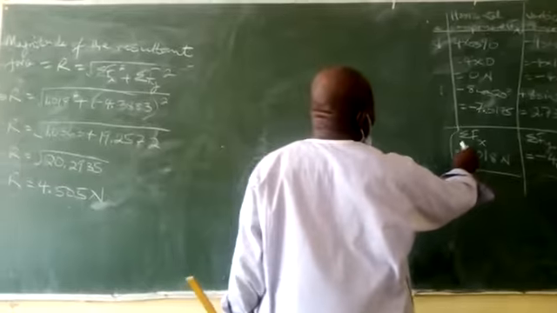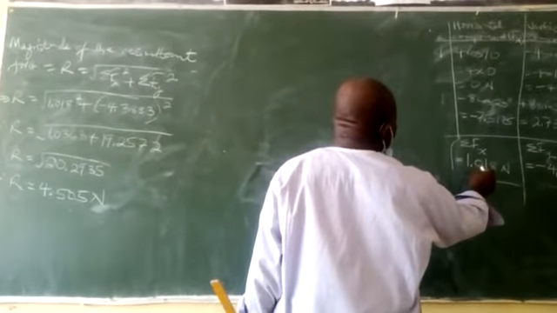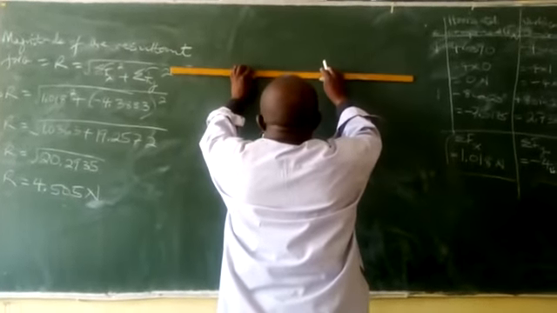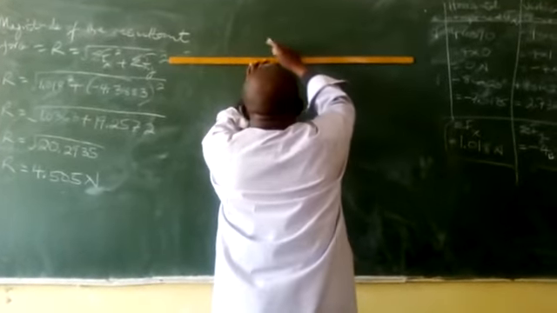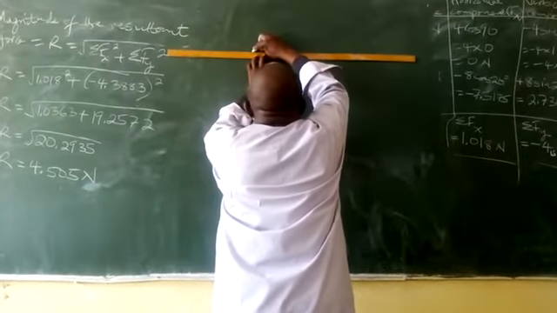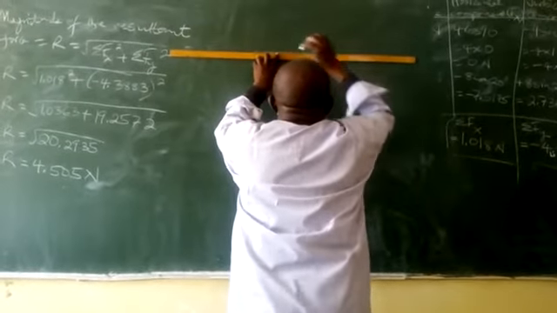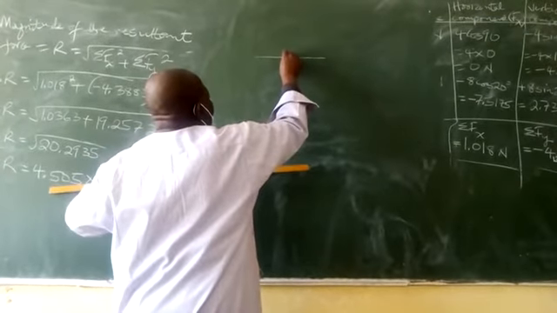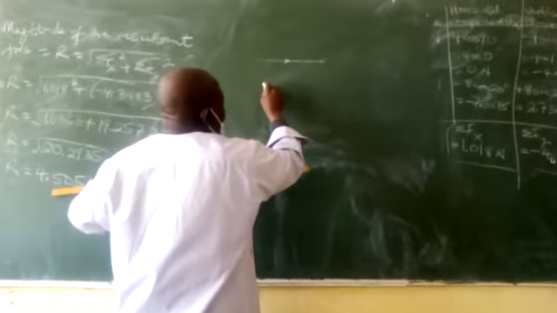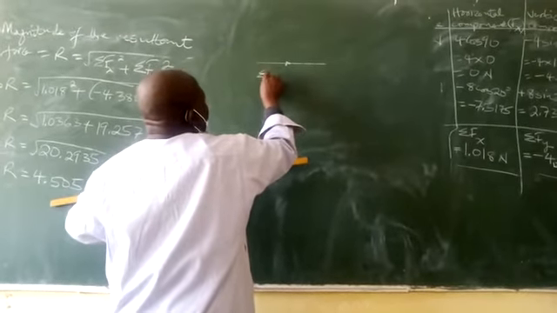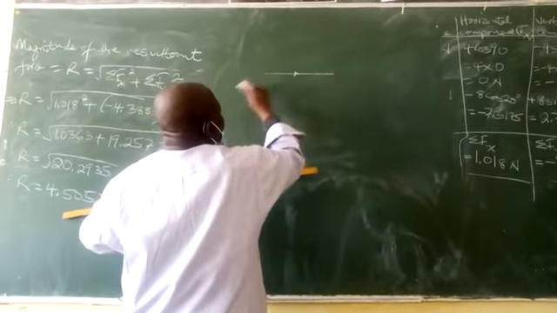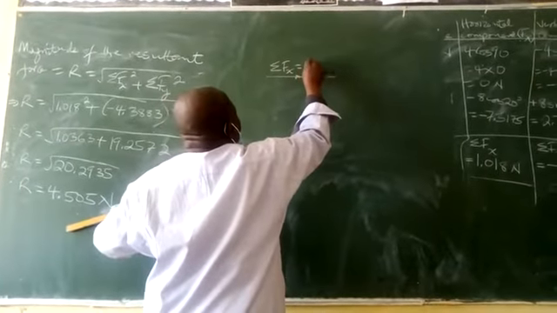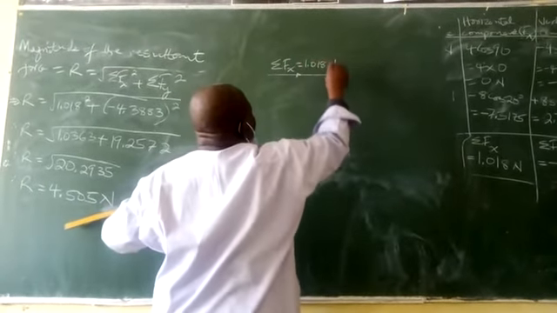Now, summation F of x is 1.018 and it is positive, so we draw that one as a straight line in the direction of the positive x-axis. This is summation F of x, which is equal to 1.018 Newton.